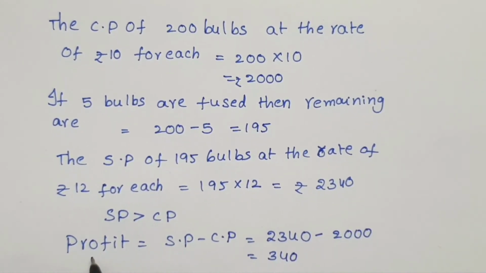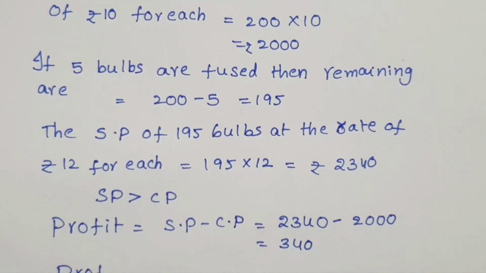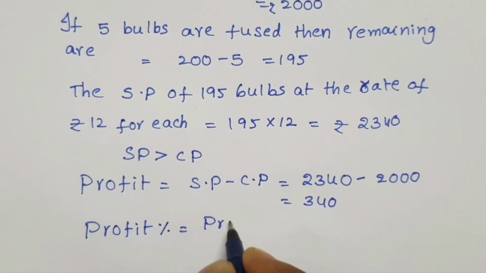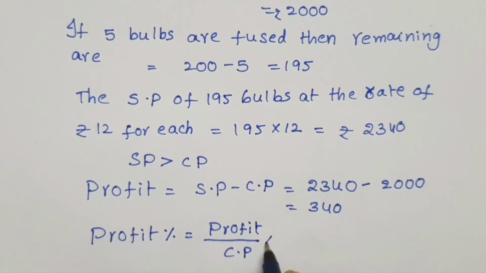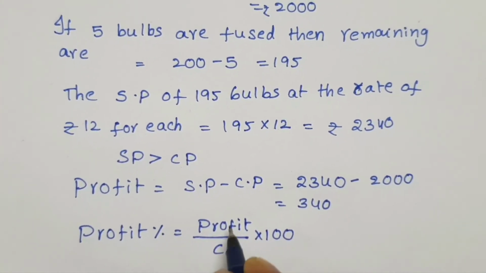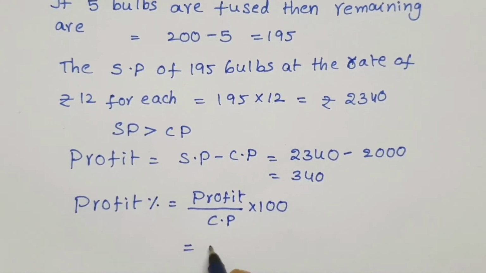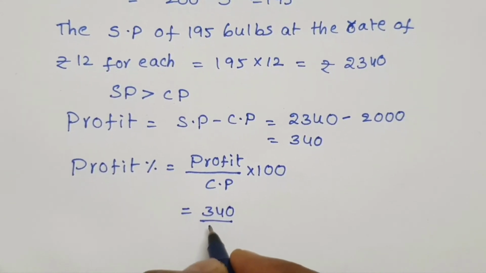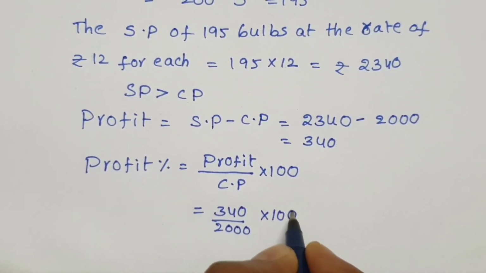340 is the profit. But they are asking the profit percent. So profit percent equals, by the formula, profit by CP into 100. Profit is 340 by CP 2000 into 100.